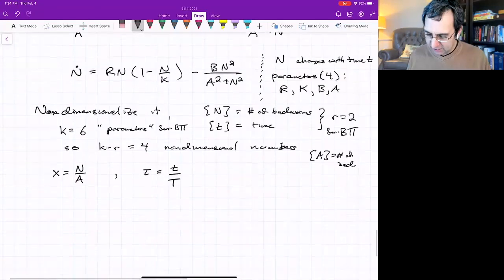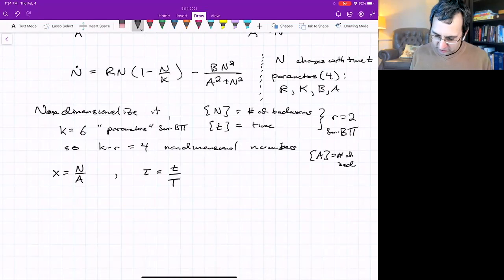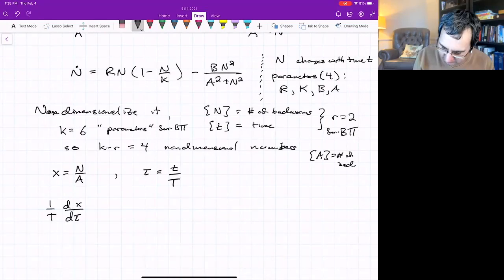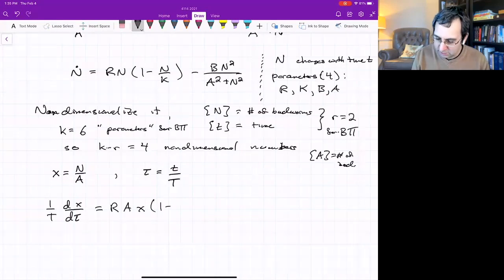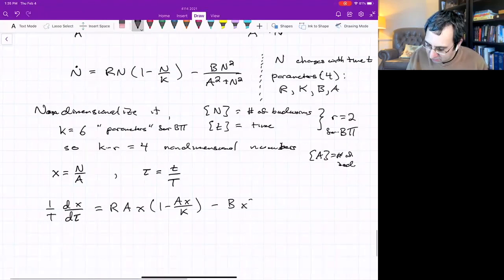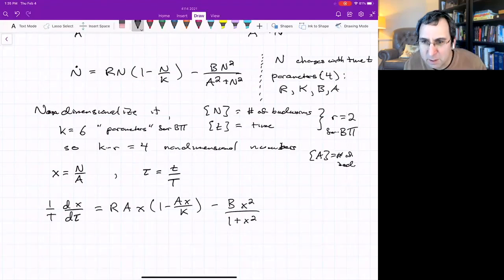So if we plug and chug, what do we get? We would get 1 over T dx d tau equals r a x (1 minus a x over K) minus b x squared over (1 plus x squared). I may be missing something here. A is not there, and there may be an a over here.